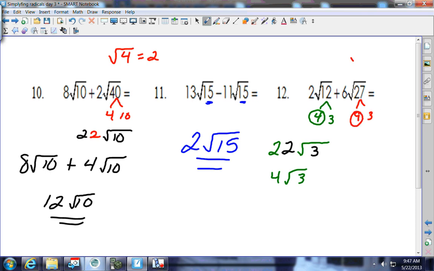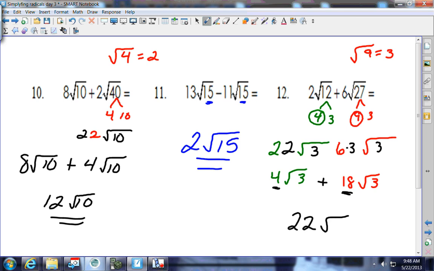The square root of 9 is 3. So I have 6. Let's see, square root. The square root of 9 is 3. That goes here. And this 3 gets left behind. So it's going to become 18 square root of 3. When you add these together, 4 plus 8, 22 square root of 3.